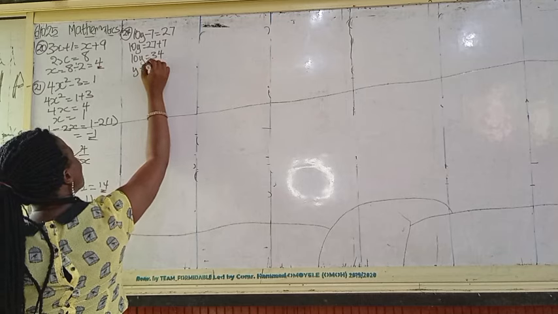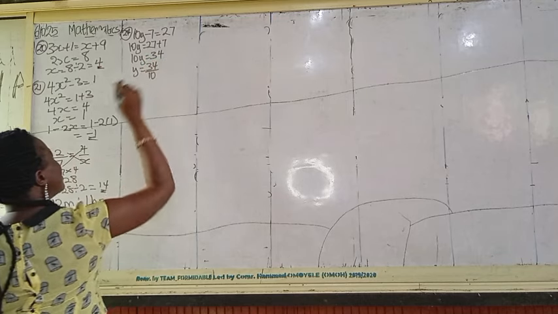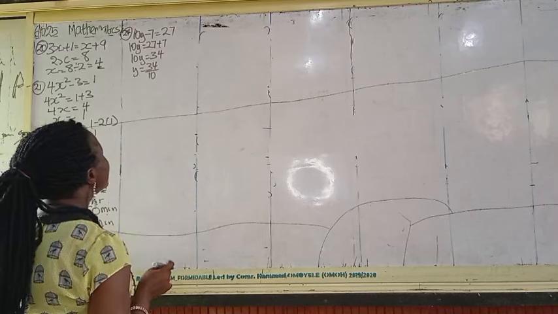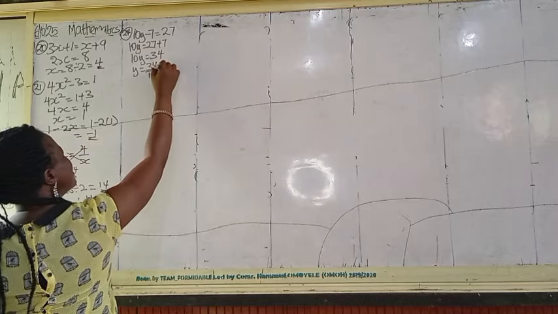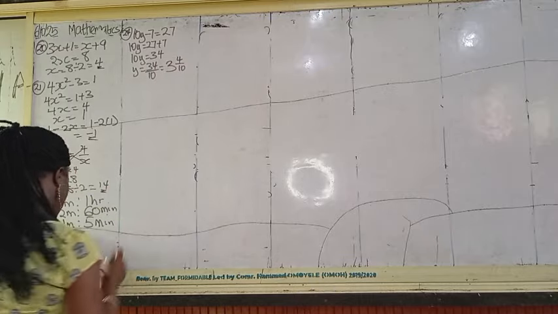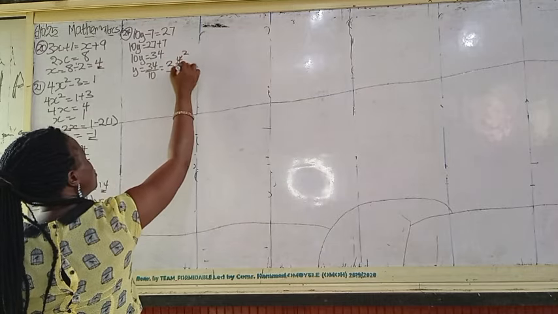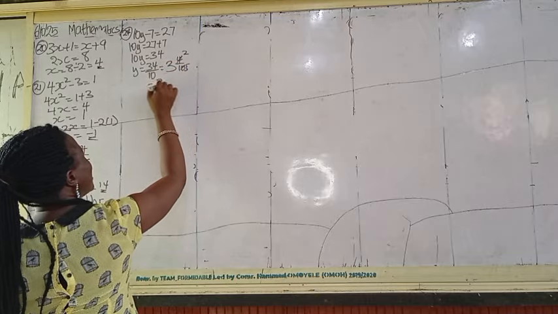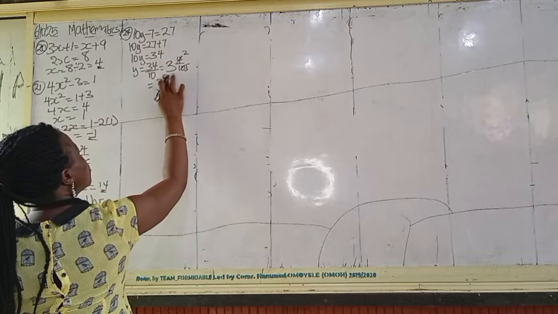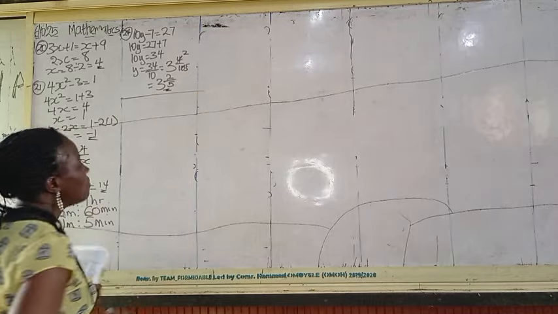Then y is equal to 34 over 10. How many times will 10 go in? That is 3 times. We have 4 over 10, which you can still cut, because 2 can go here and here 5. So our answer there is 2 over 5. So that's our final answer there.